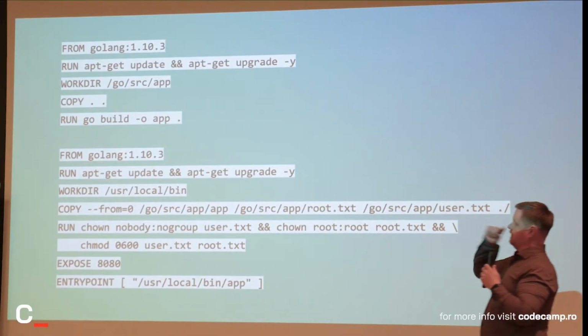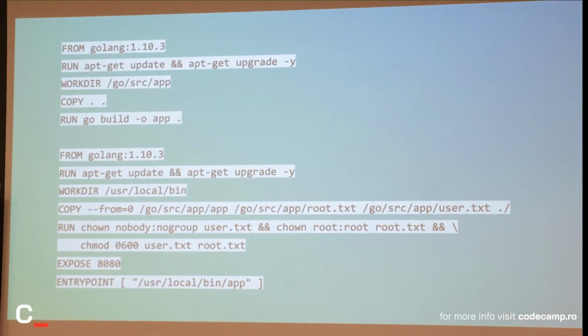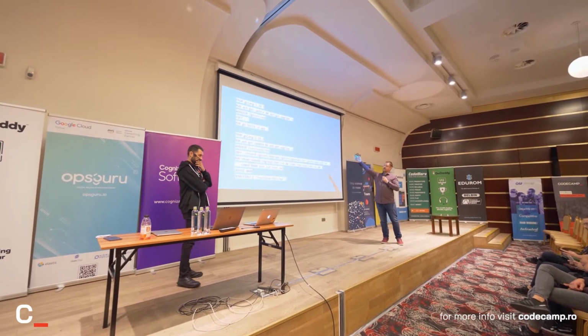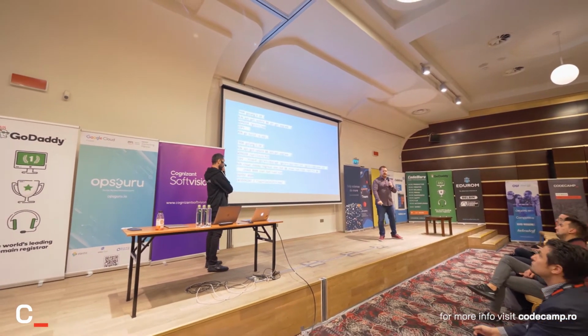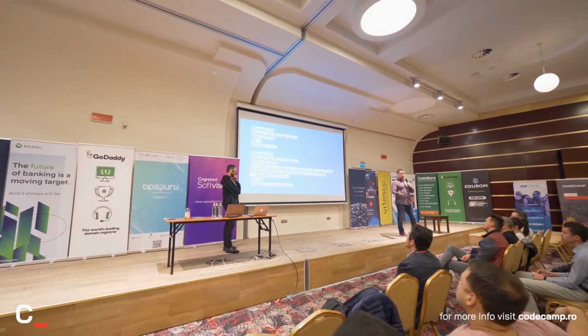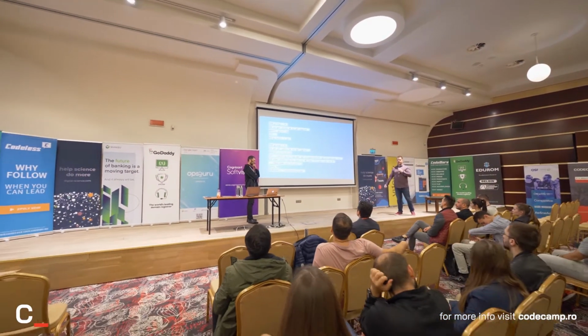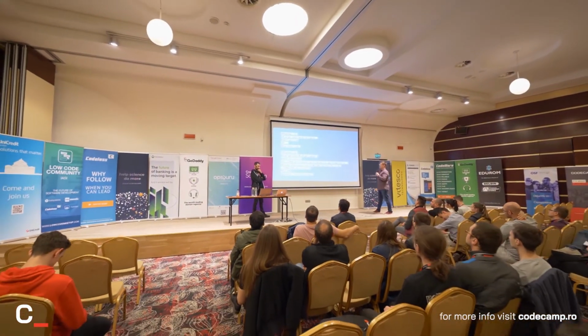So here's an example of a Docker file. This is actually a little bit more complex Docker file. This is building Go. So you'll notice the from statement. The from is what's called a base container. So that's the first container that you're pulling down. We're running a couple of Ubuntu commands, which is an apt-get update and an apt-get upgrade. All that does is it ensures that your container and the operating system that's inside your container is updated.